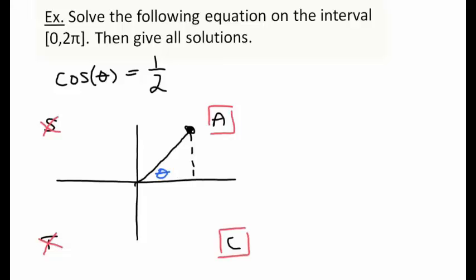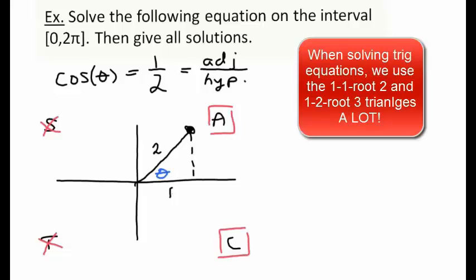So here I've drawn my reference angle, and I know that I have the relationship cosine is adjacent over hypotenuse. So this means for the right-angled triangle that I have here, I know that the adjacent side is 1, and the hypotenuse is 2.